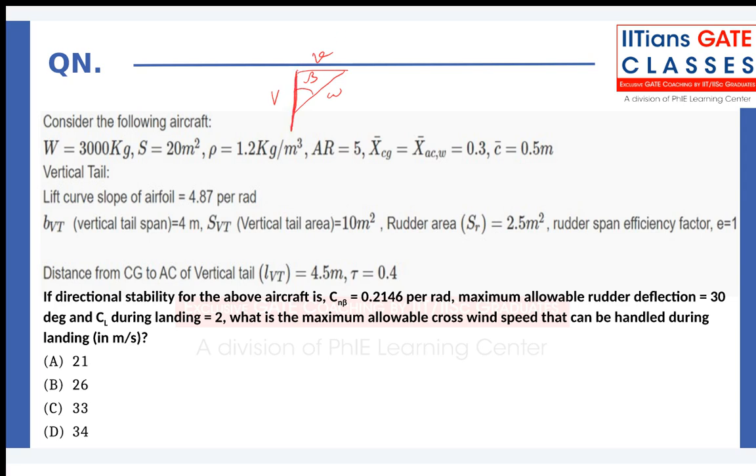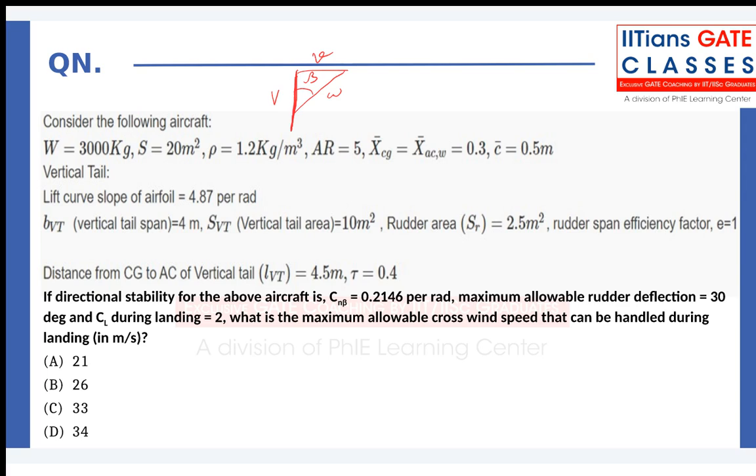Now try to find out the maximum allowable crosswind speed during landing. What you need to find out is this small v.